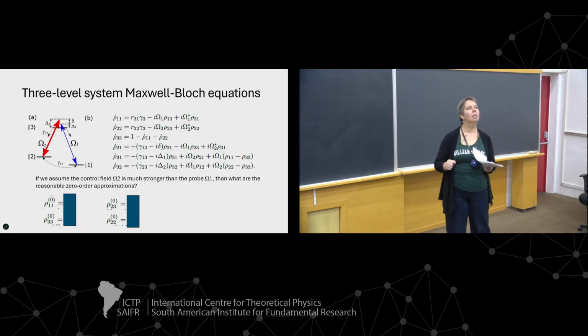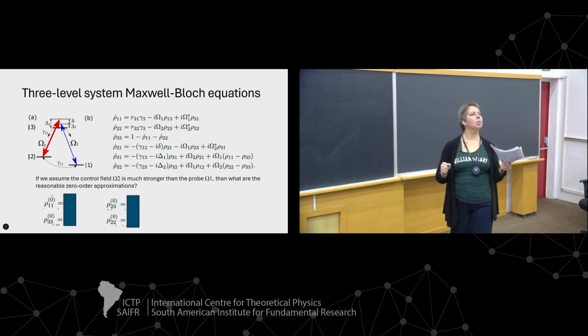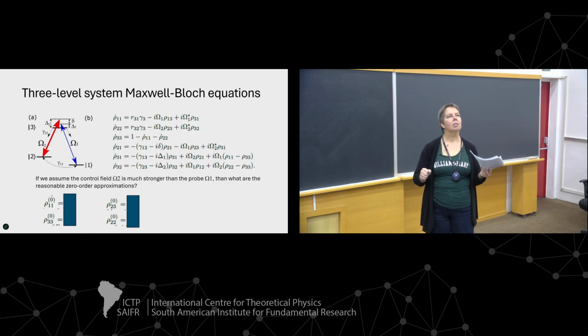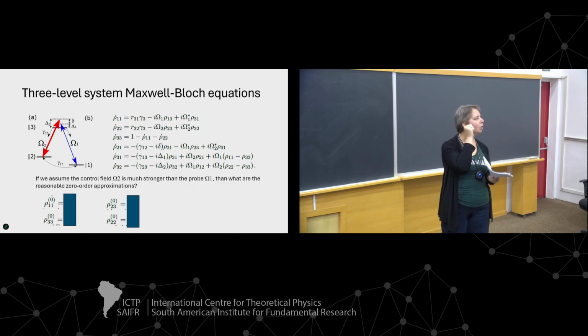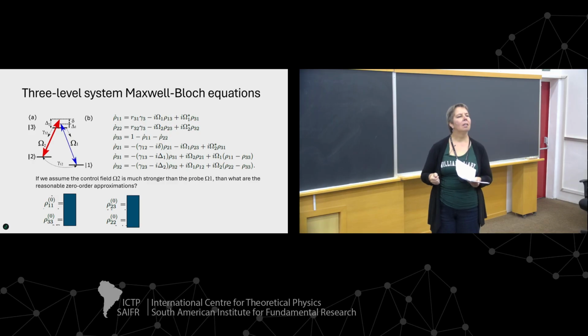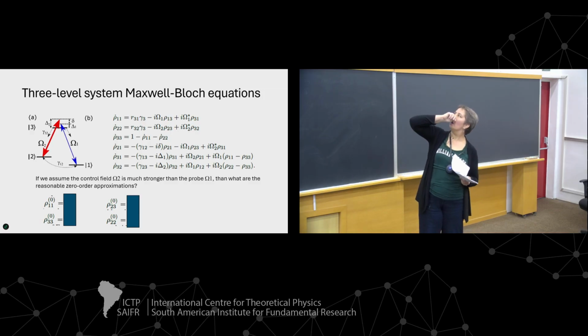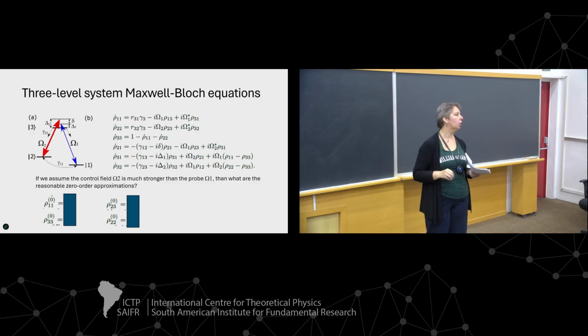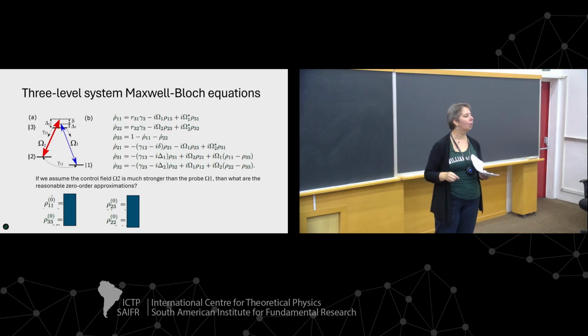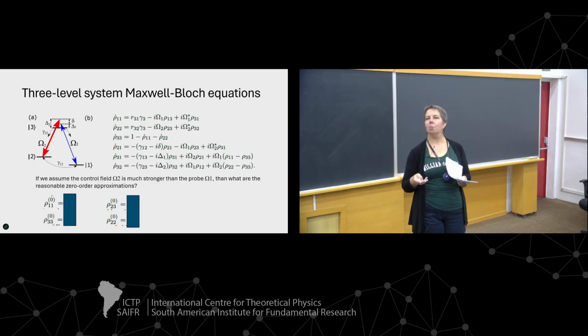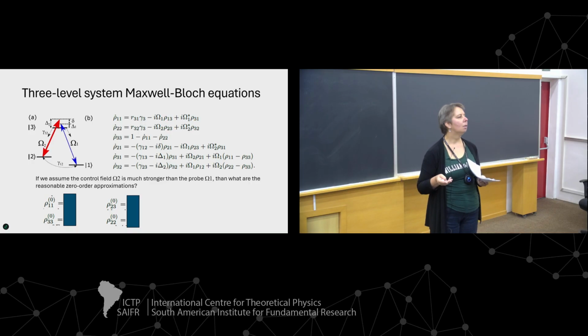Any comments, questions, or suggestions about what the populations of the states are going to be? If we assume omega 1 is much smaller than omega 2 and look at the zero-order approximation, what is it going to be? What will the system look like?